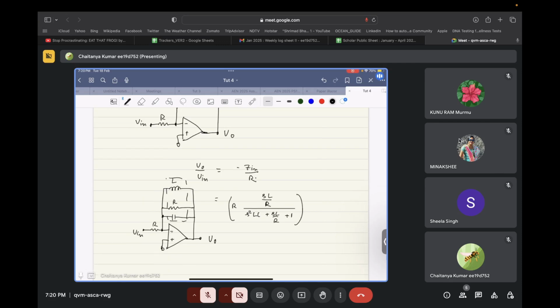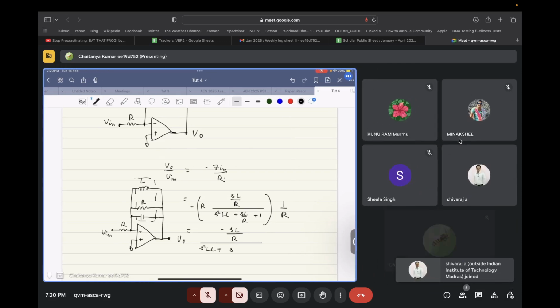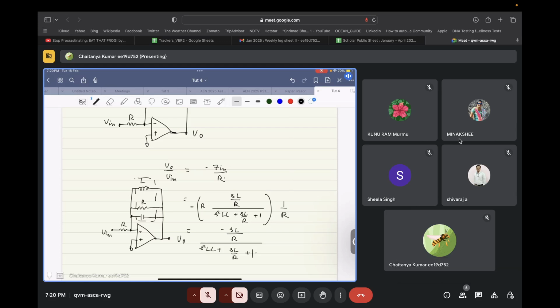And this is the Z in. So minus of this divided by 1 by R is our transfer function from input to output. So what we get over here is minus SL divided by R, this overall thing divided by S square LC plus SL by R plus 1. Correct? So this basically over here we get a band pass transfer function from a voltage to voltage.